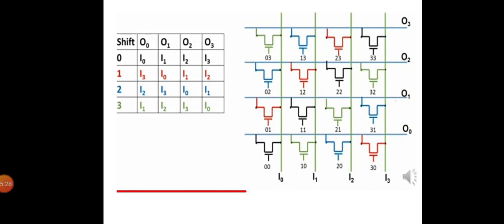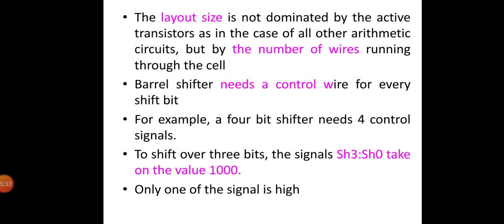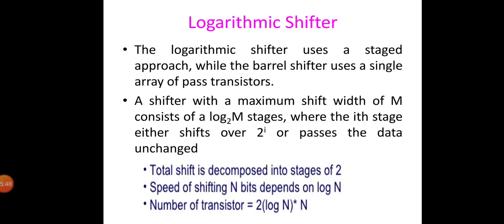And when a 3-bit shift is done, it is I1, I2, I3, I0. The layout size is dominated not by the active transistors, as in the case of all other arithmetic circuits, but by the number of wires running through the cell. So as I said earlier, the barrel shifter needs a control wire for every shift bit.